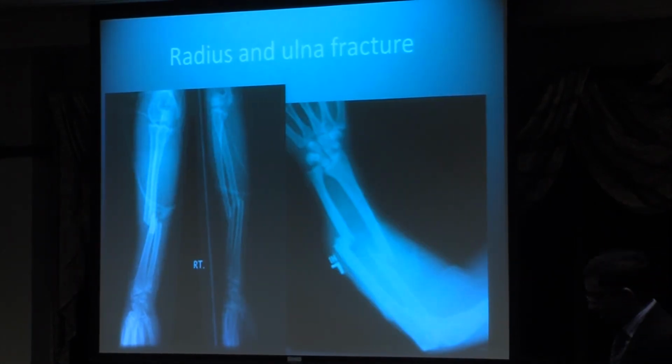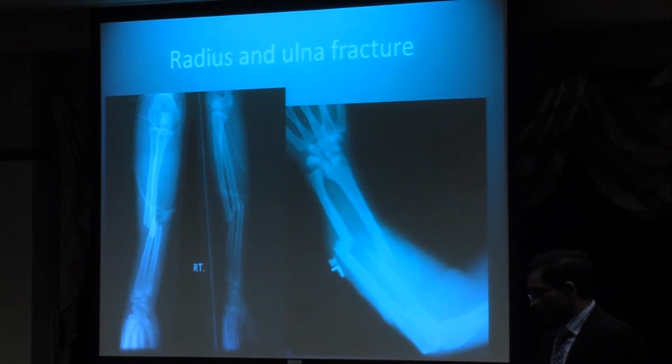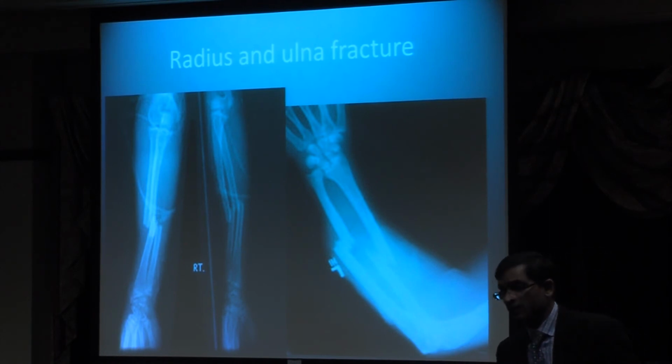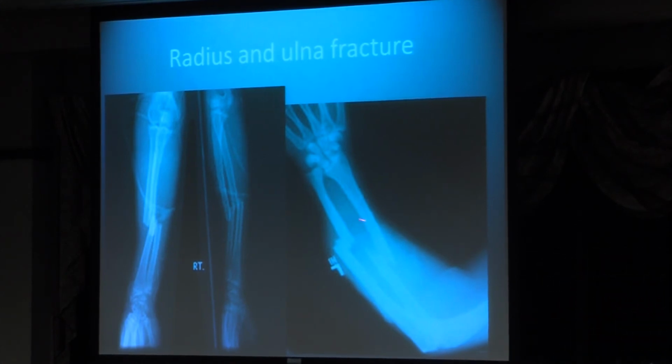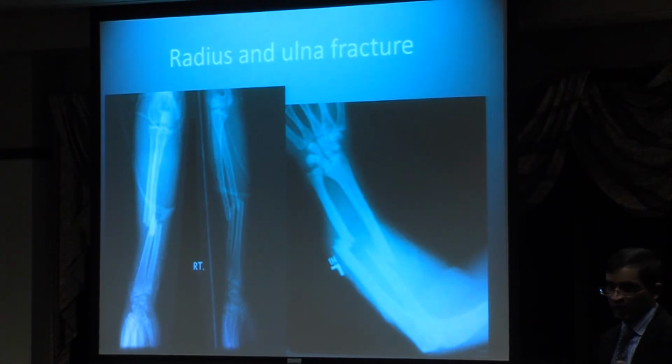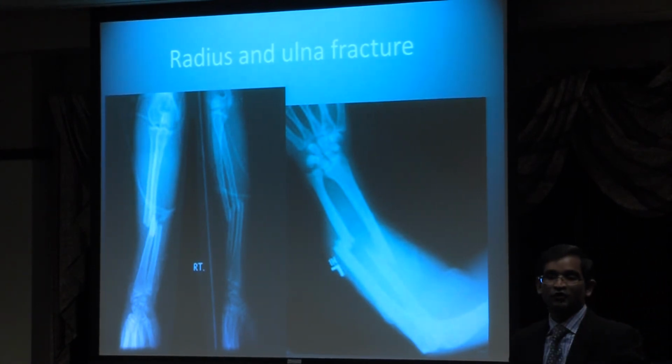And radius ulnar shaft fractures. In adults especially, these fractures almost always need to be treated surgically, because if you see this interosseous space, if this space is narrowed because of the fracture fragments narrowing the space, then patients will have limitation of pronation and supination.